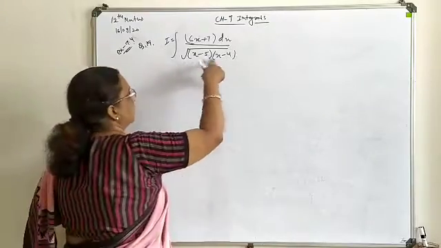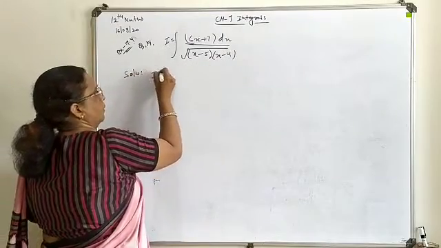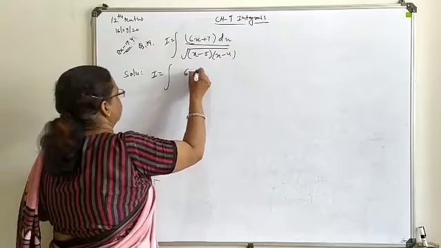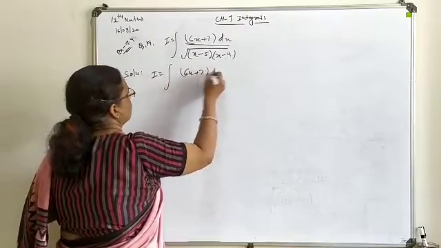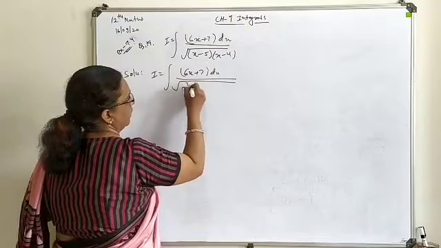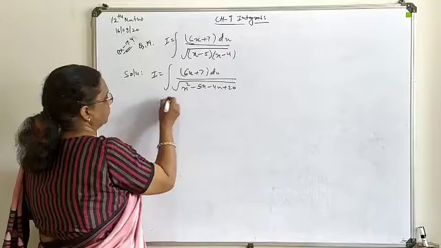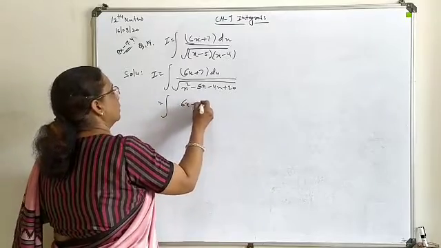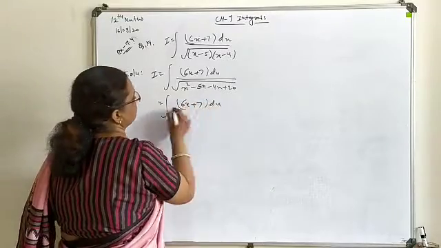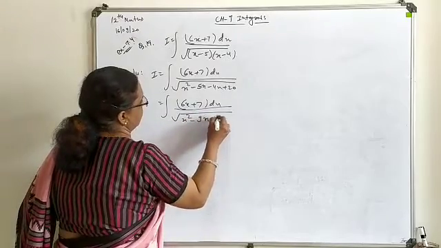So first of all, multiply them and write it over here. This will give you x square minus 5x minus 4x plus 20. So finally this will give you x square minus 9x plus 20.